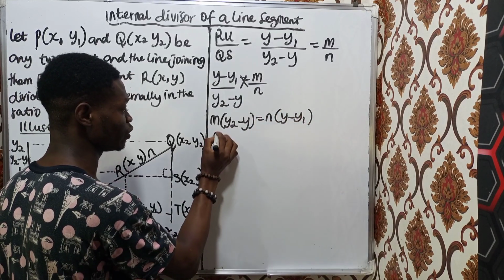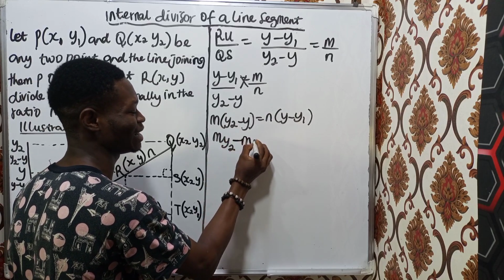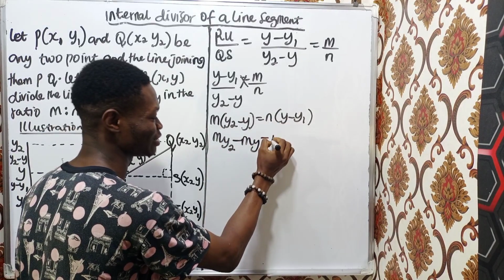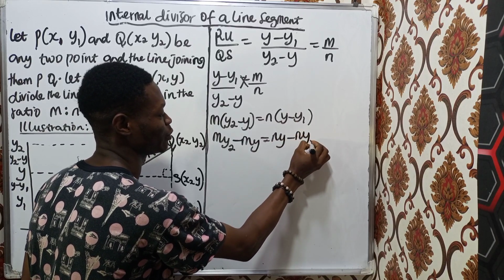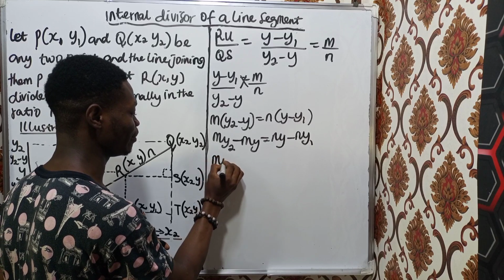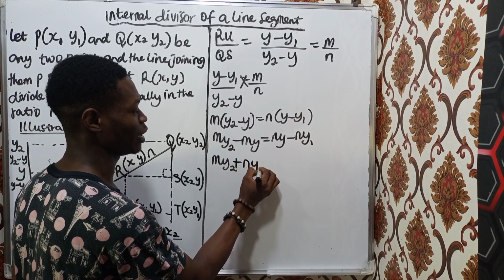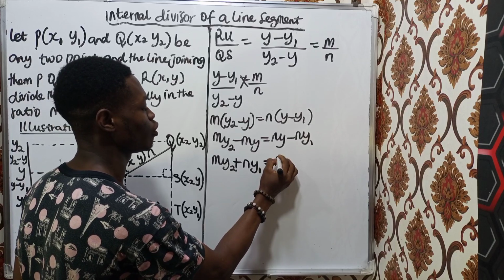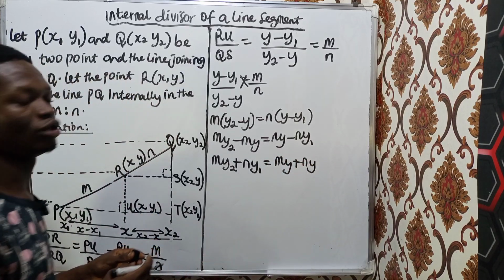This times this will give us my2. This times this will give us minus my. This times this will give us ny. This times this will give us minus ny1. So let's collect like terms. So we have my2, this one coming here, plus ny1, is equal to ny plus my. Do you understand what I did?